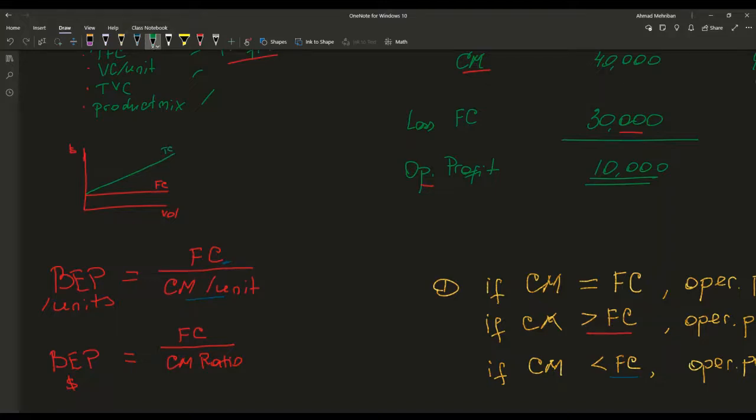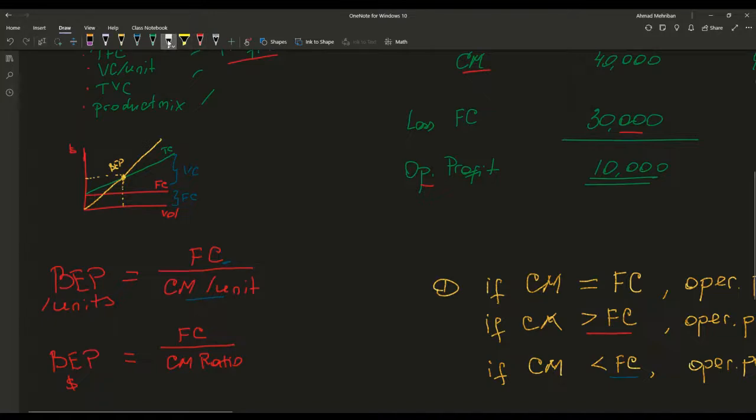Just to remind you, this is our variable cost, and this is our fixed cost. Together they constitute the total cost. And then if we also draw a line that would represent our sales, the point at which the sales and the total costs meet is where the break-even point is. This is the point at which we earn neither a profit nor a loss. We don't incur any losses, but we also don't earn anything in profit.